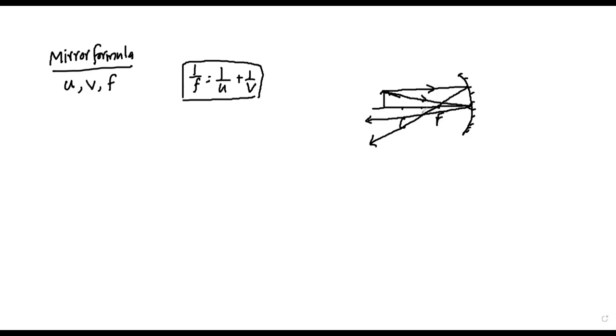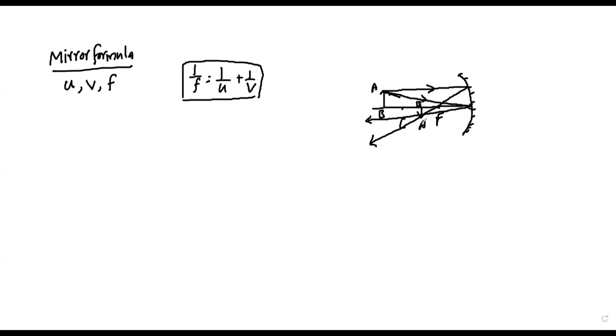So both are meeting between C and F. As you know, the object is beyond C and the image is between C and F. Let's say the object is A and B, and the image will be B dash and A dash, an inverted image, what we discussed.